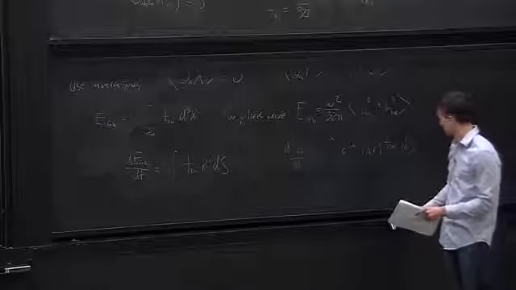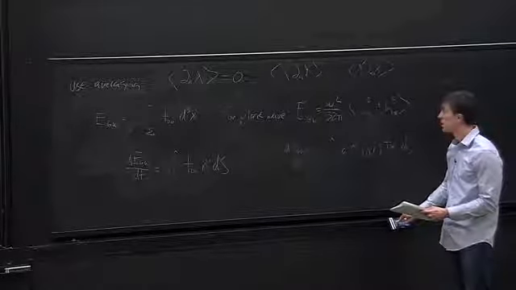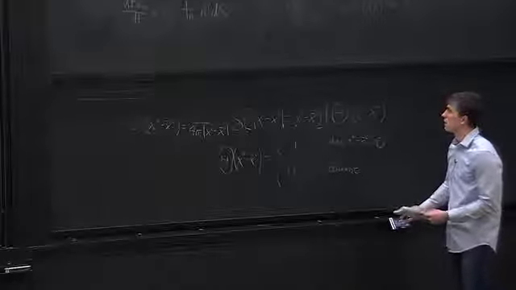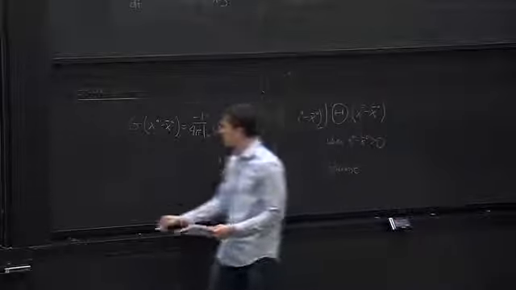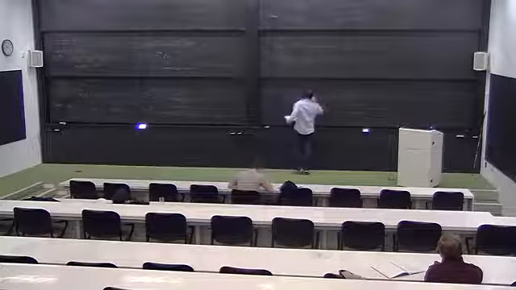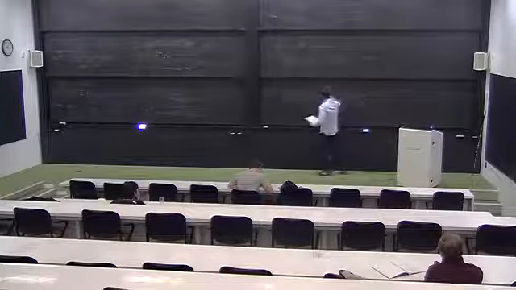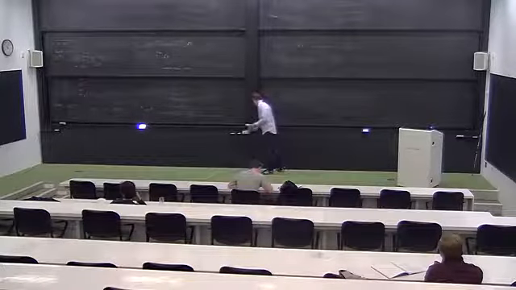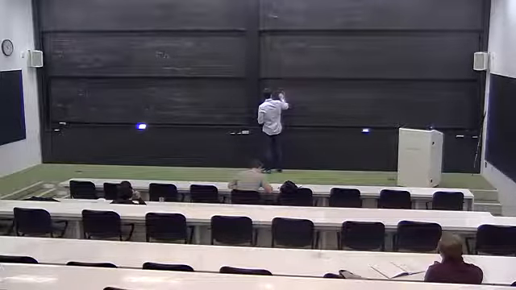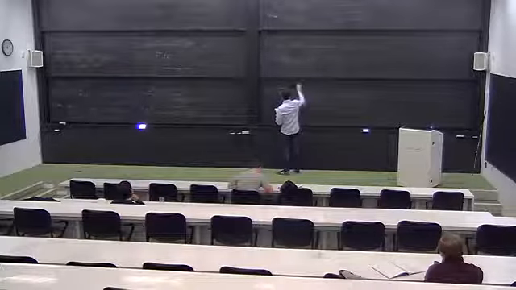So let me just write down those answers. For the flux of energy in gravitational waves, we get the following, which is a pretty simple form.